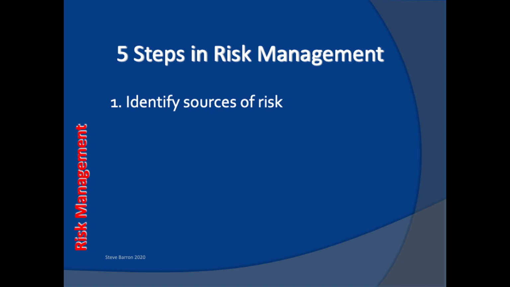The first step in this 5-step process is to identify risks. In order to effectively identify risks, it's helpful to know where risks will come from for a specific project. Therefore, thinking about the various sources of risk will help to identify an associated range of risks that can affect the project.